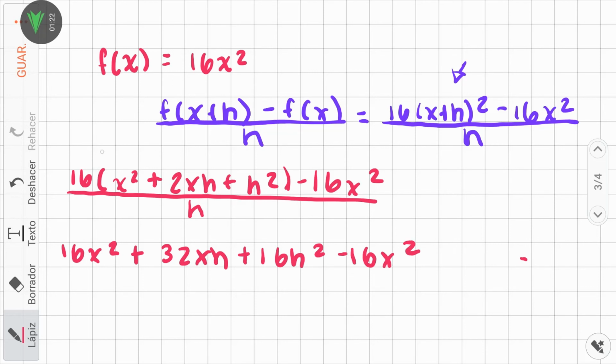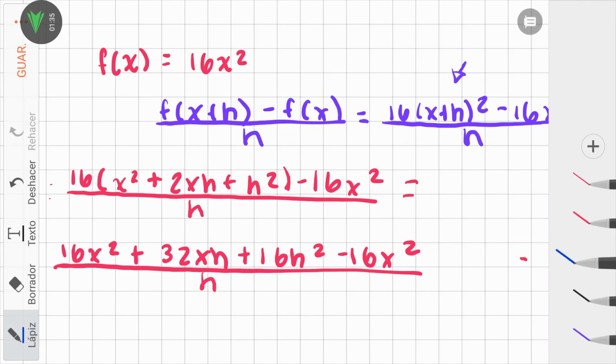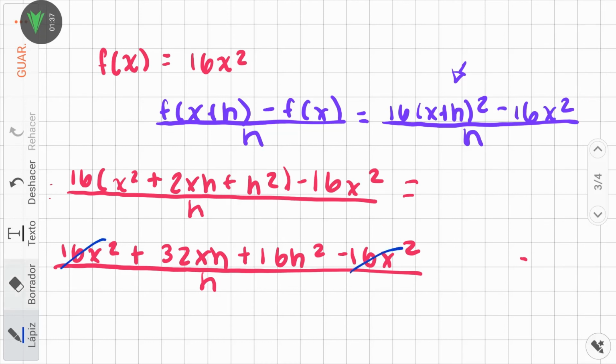Notice here I simply multiplied this 16 by everything that's inside the parentheses, and then simply copy this, and that will be over the same denominator, which is h, okay? And simply here what we must do is cancel out this 16 with this 16 since they are subtracting, and simply copy out this, which is 32xh plus 16h squared over h.